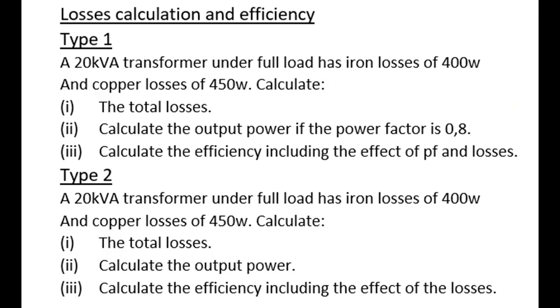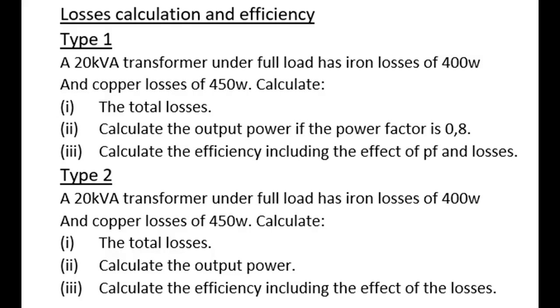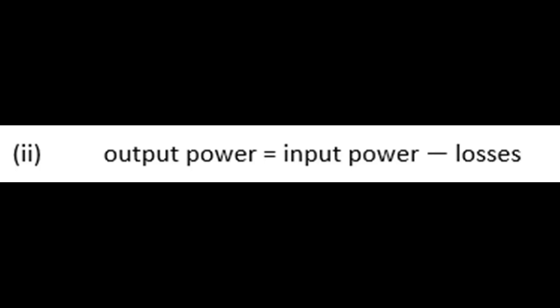In question 2, it says, again, 20,000 volt amp transformer under a full load, the same numbers, 400 watts and 450. So we want to calculate the total losses. We know our total losses there is going to be 850 watts. Nothing different to before. Then it says, calculate the output power. So the output power is equal to the input power, subtract the losses.